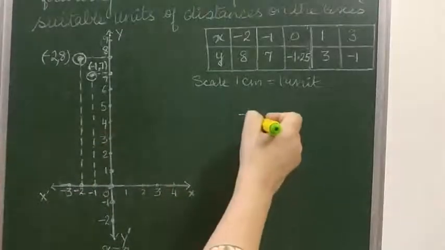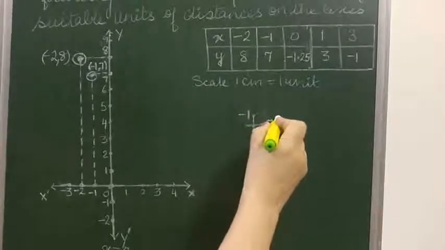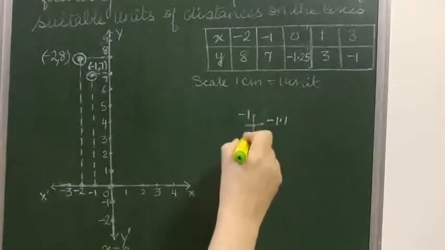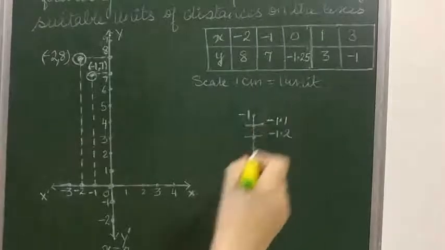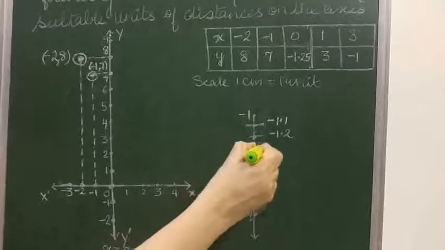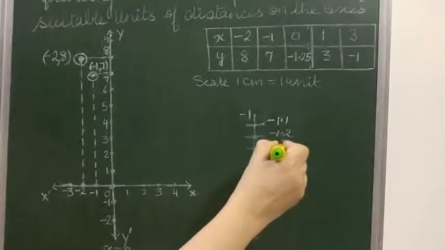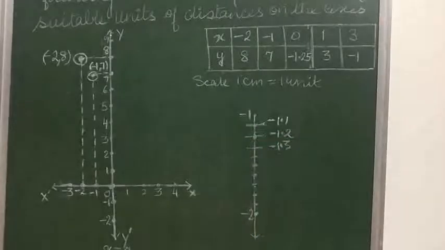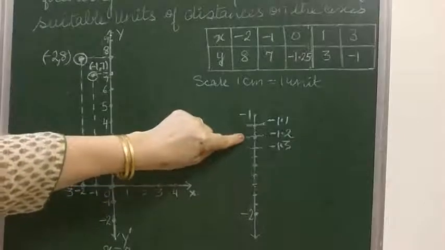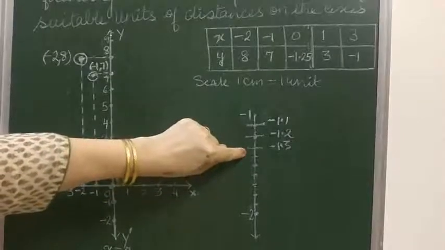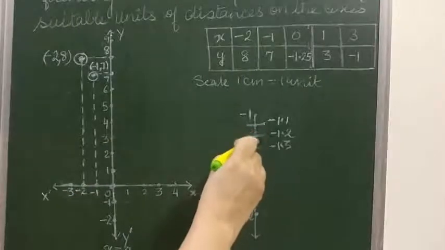So this first line will be for -1.1. This will be -1.2 and this will be -1.3, right? So your point -1.25 is lying between -1.2 and -1.3. That means between the second line and the third line.